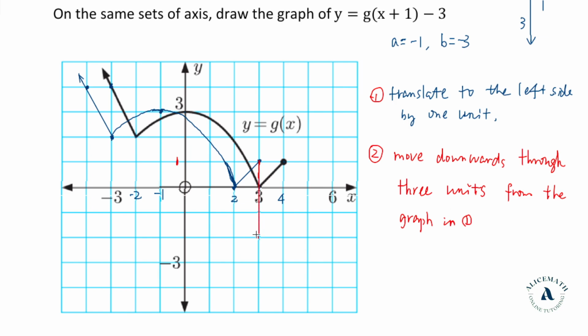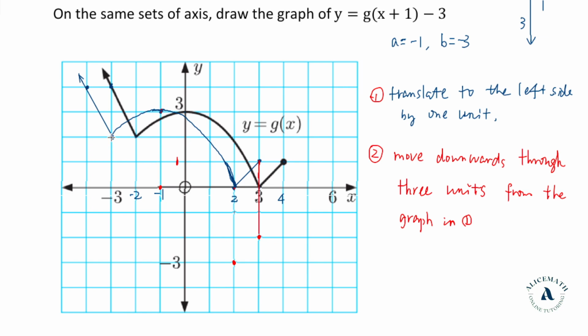It's here. And here is the x-intercept, now translated downwards by 3 units. 0, -1, -2, -3. So here. By 3 units. 1, 2, 3. Okay. It touched the x-axis now.